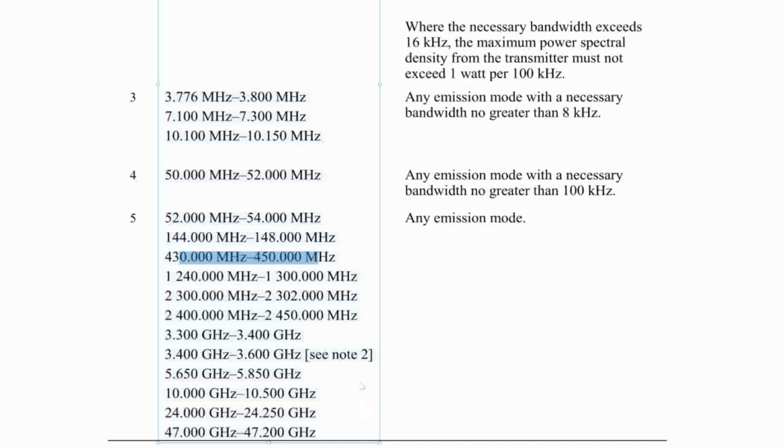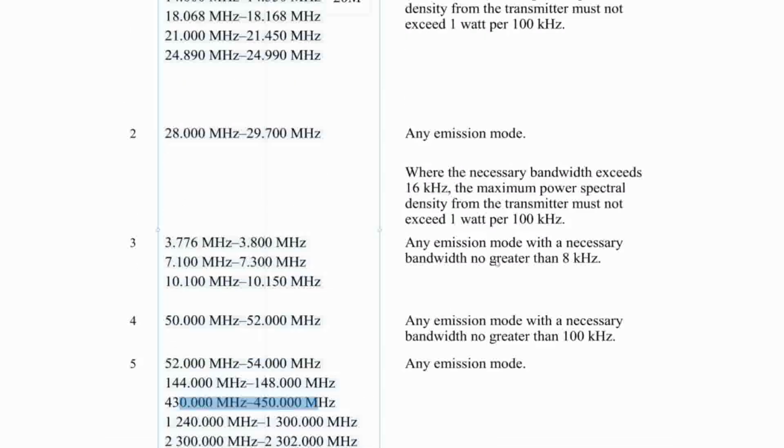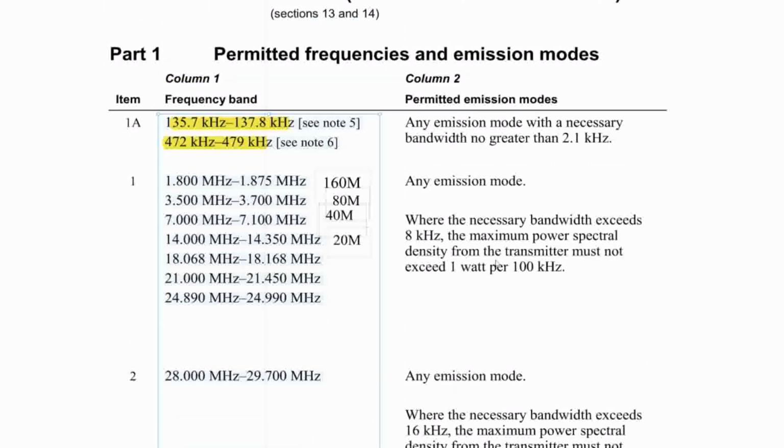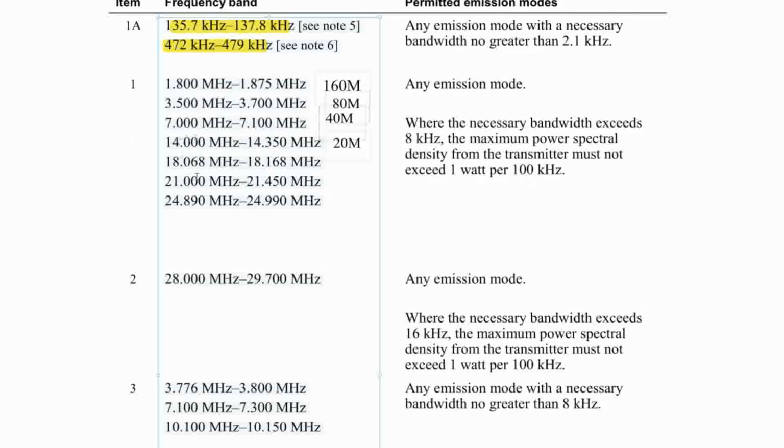But like I said, the emission modes are now simplified, because emission modes are permitted on all bands within the required bandwidth. So any operator can use any mode on any band that they're allowed to transmit on, provided they use the appropriate bandwidth. So I'd probably commit to memory the 20 meter band limits.